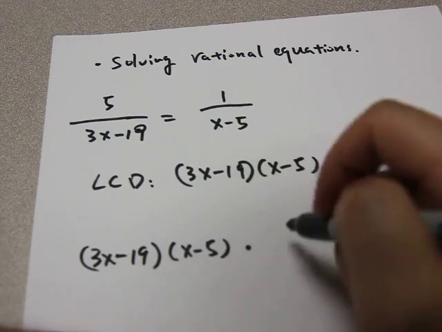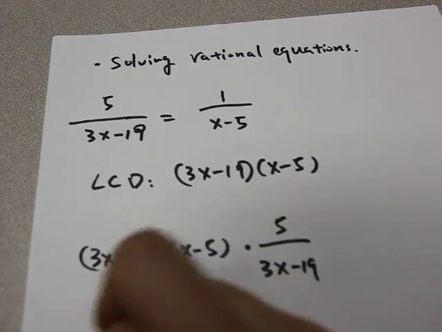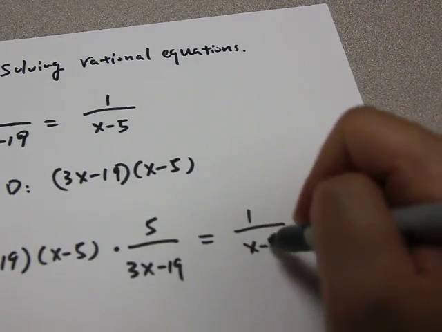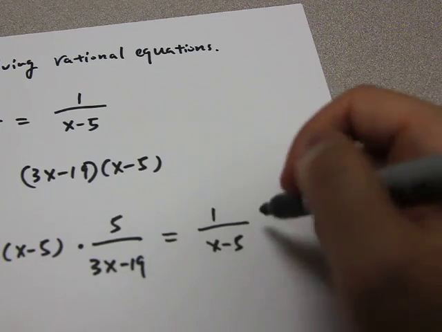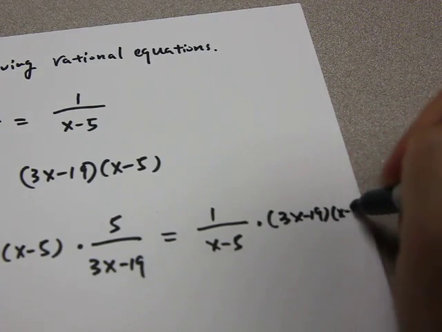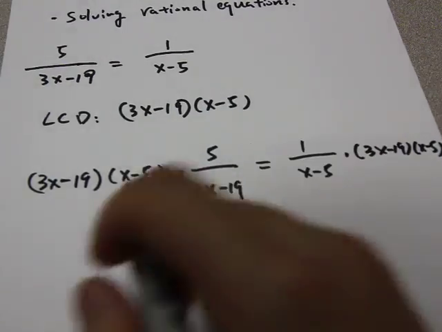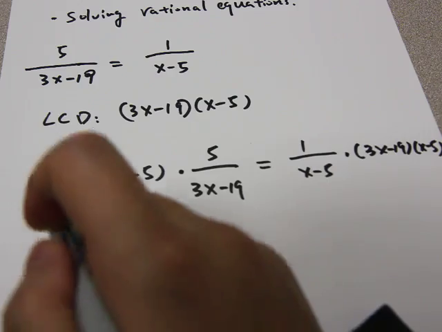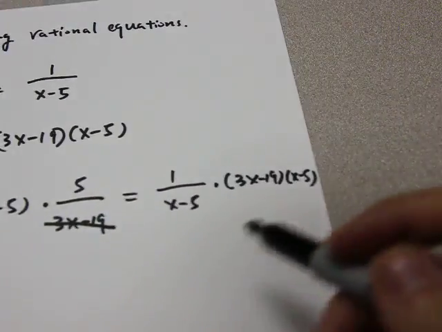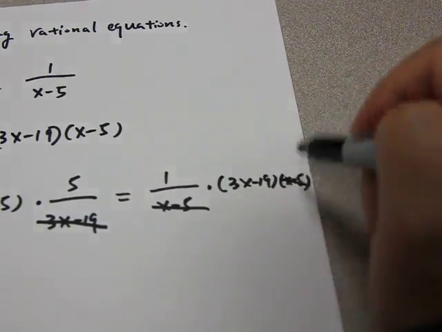I multiply the expression 5 over 3x minus 19 by this, and on the other side I multiply 1 over x minus 5 by this. Now you will see on the left side 3x minus 19 is cancelled, and on the right-hand side x minus 5 is cancelled.